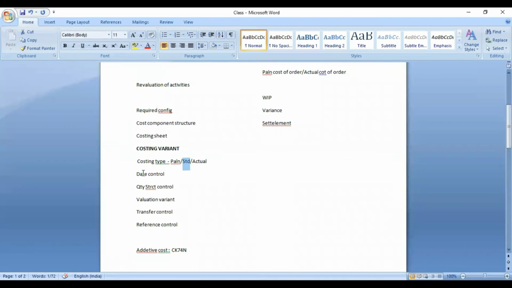And date control means we usually do the costing monthly once. In the future, if your period is 15 days or 20 days, you can do that. But why do we do the standard cost estimation monthly?